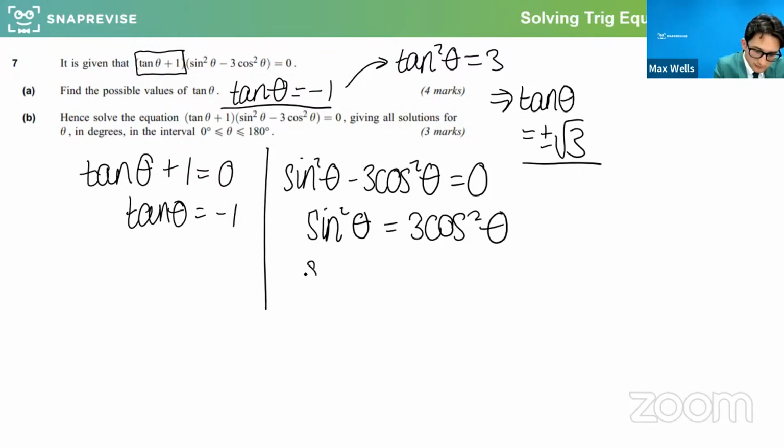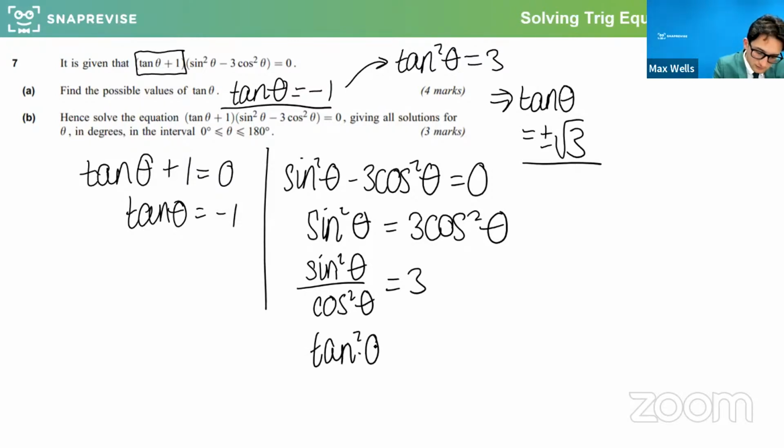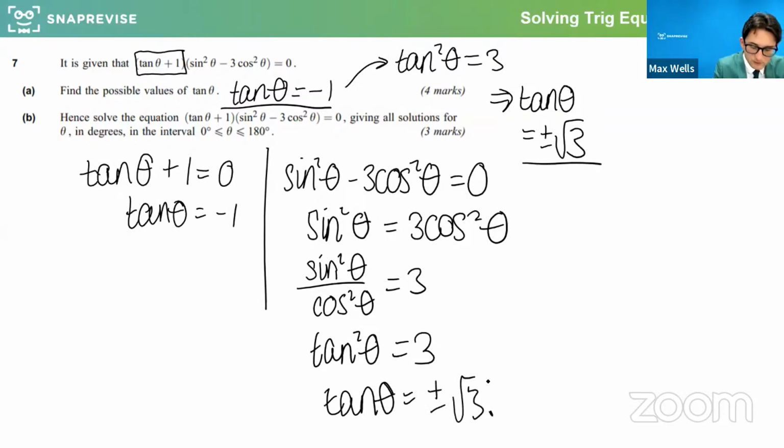Divide by that, and I get sine squared theta over cos squared theta equals 3. So tan squared theta equals 3. So tan theta equals ±√3. And then that's where my 3 different solution sets come from. So you'd have to solve for tan theta is √3, and you'd have to solve for tan theta is -√3.